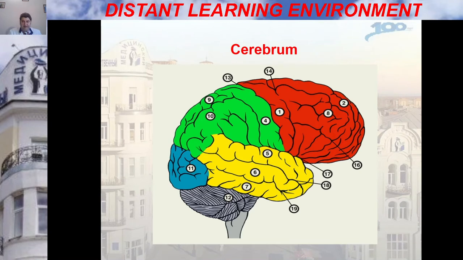The vertical, postcentral gyrus in number 4, gyrus postcentralis in Latin, passes behind the central sulcus in the same direction as the precentral gyrus in the frontal lobe.